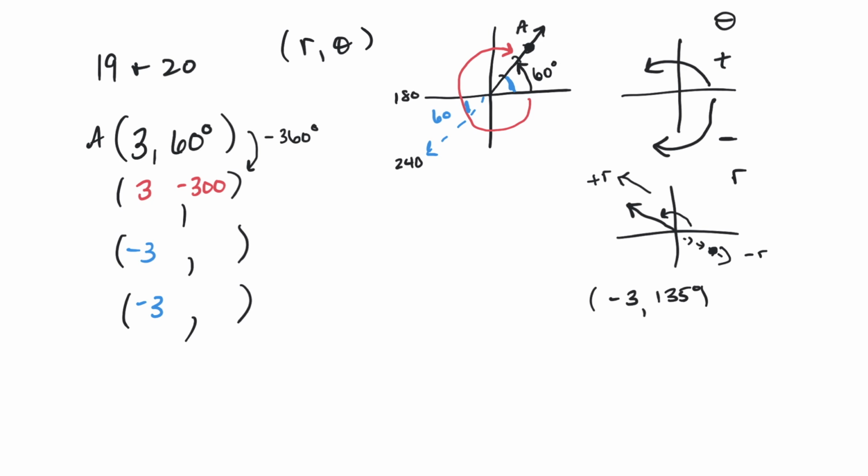So really, I took that 60 and added 180 to it, and I get 240 degrees. Now if I turn all the way to 240 and back up 1, 2, 3 steps, I get to this point.